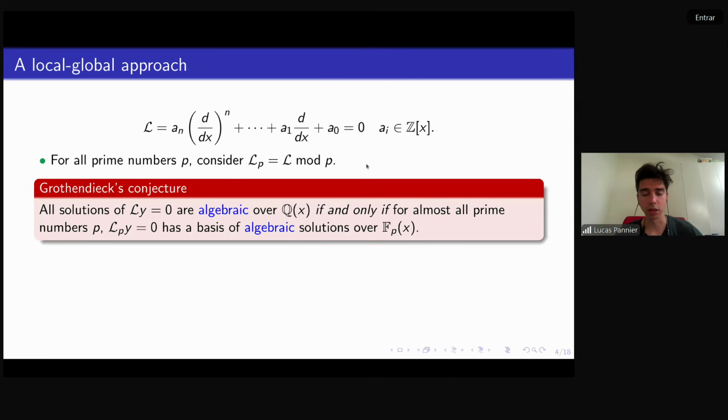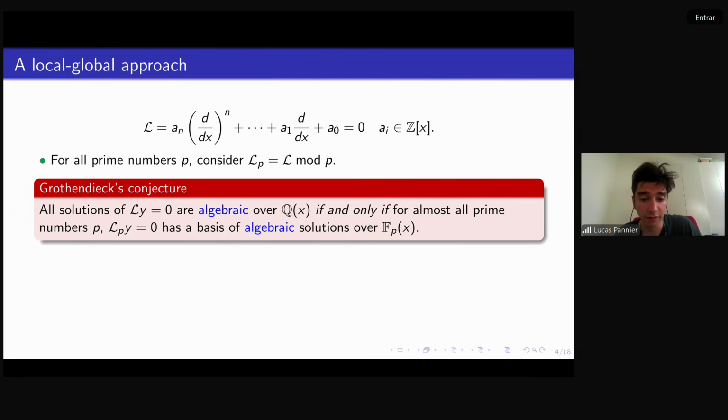And as was stated a bit earlier, Grothendieck stated in the 1960s, I believe, a conjecture, which is a local-global statement, saying that all solutions of the differential equation in characteristic 0 are algebraic over Q(x) if and only if the reduction modulo p of the equation has a basis of algebraic solutions for almost all prime numbers.